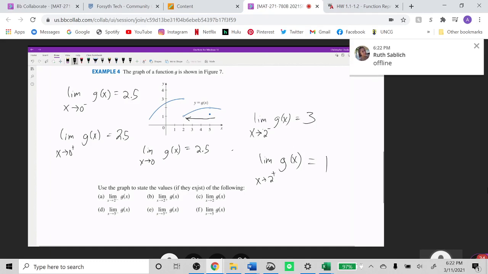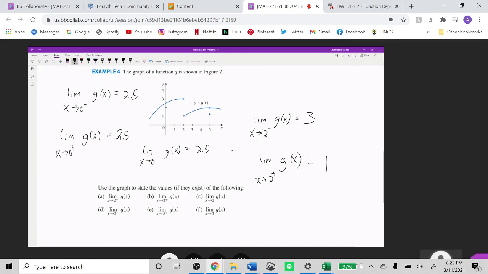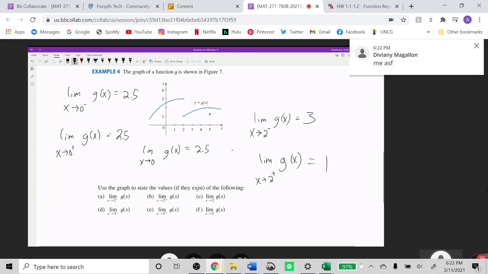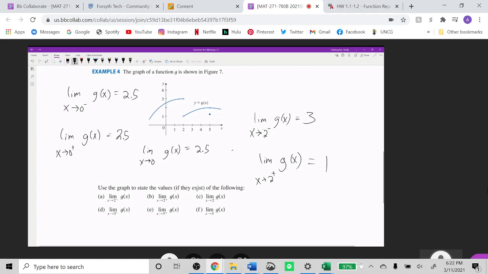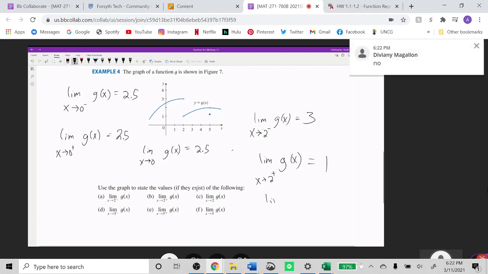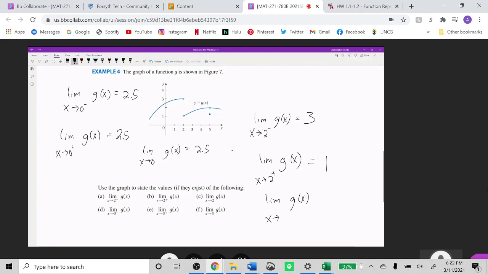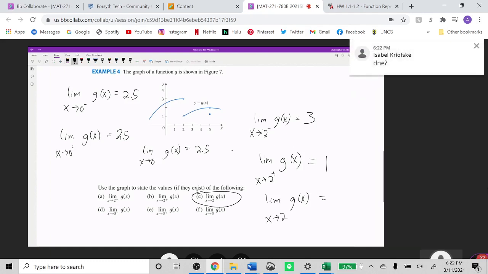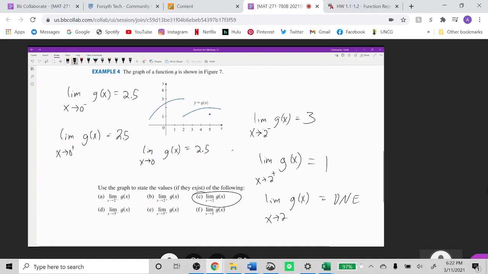Brain offline. It happens. And now, these two one-sided limits are not equal to each other, are they? So what's the limit of g of x as x approaches 2, which is c? Does not exist. Yeah, we can write d and e or does not exist.